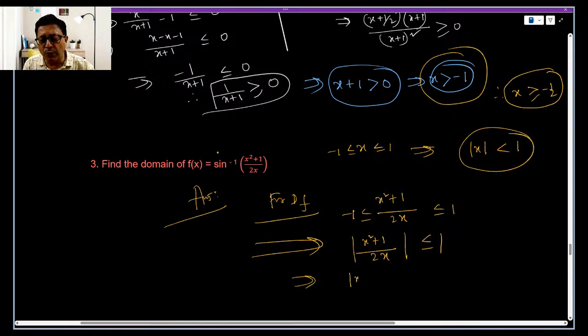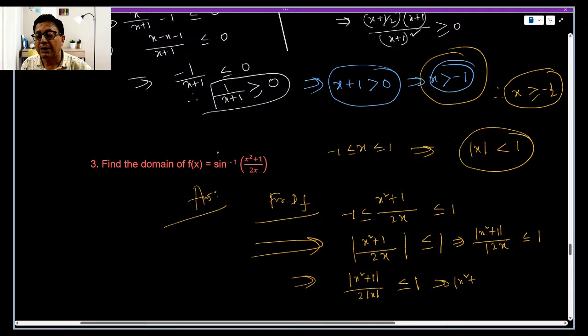This implies mod x square plus 1 by 2 mod x. You can simplify once more. Mod x square plus 1 by mod 2x less than or equal to 1. So this implies mod x square plus 1 less than or equal to 2 mod x. Clear? You understand? Now you can separate this one.